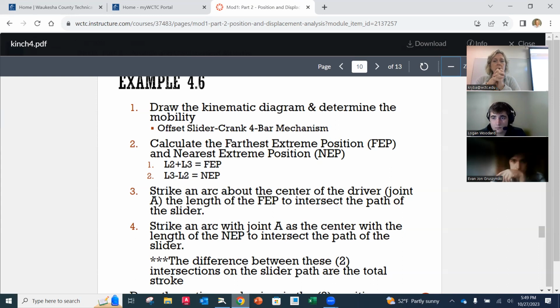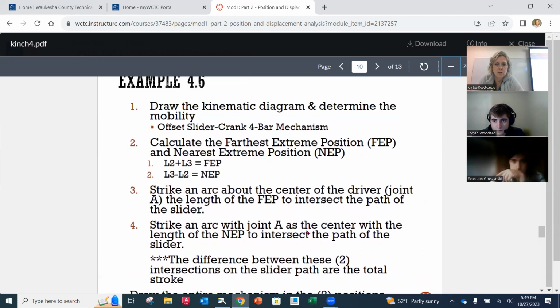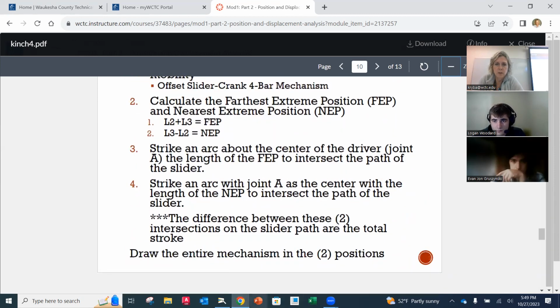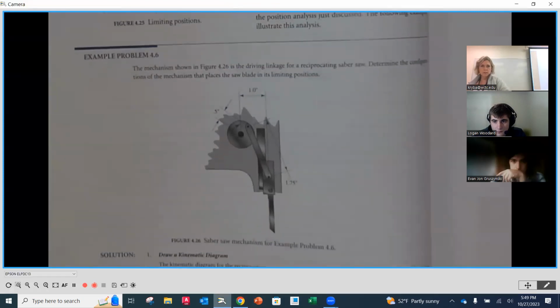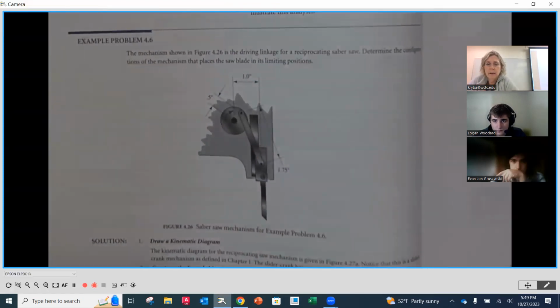Then we're going to strike our arcs for those centers across where, in this case, our slider travel is going to be. And that's going to mark the highest and the lowest positions. And then we're going to draw it in those 2 positions. And then we're going to dimension the distances and or angles, depending on the type of mechanism.